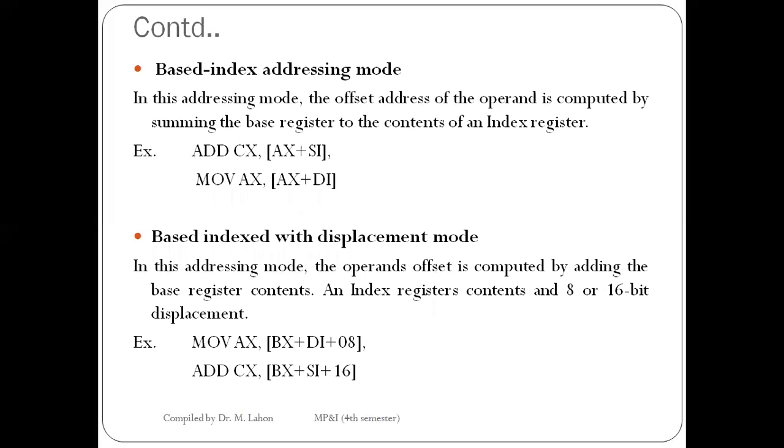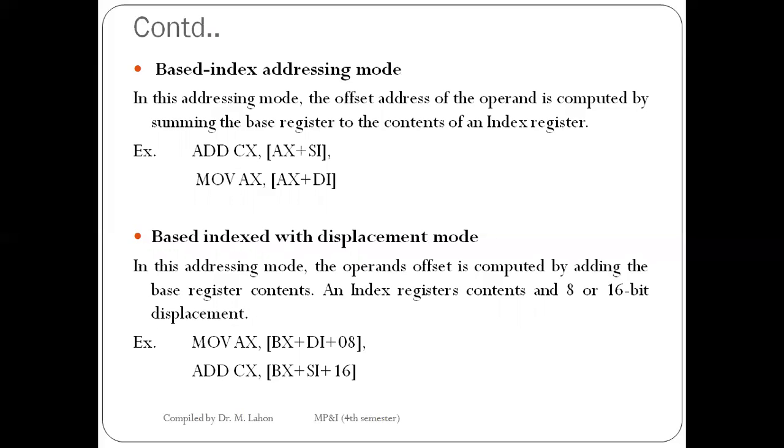Next, we have the based indexed addressing mode. In this case, you can use the BX or BP register together with the SI or DI register, so it is BX plus SI or BX plus DI.